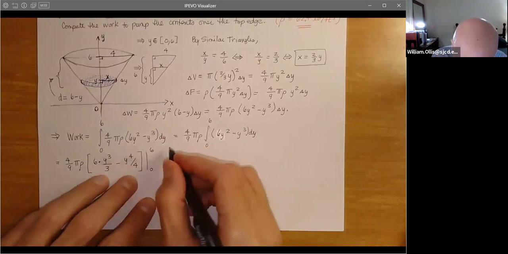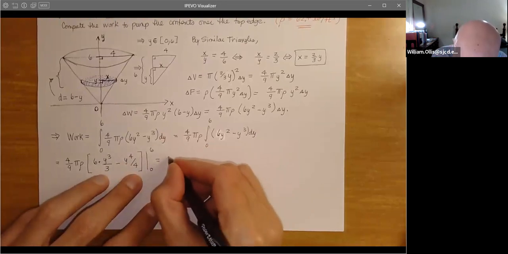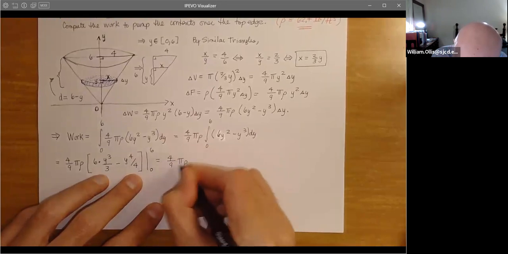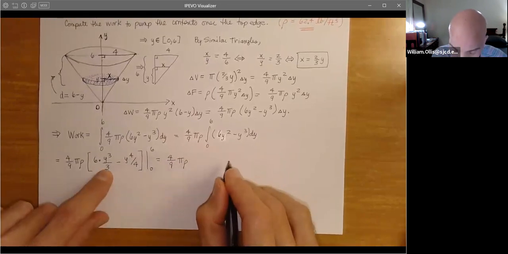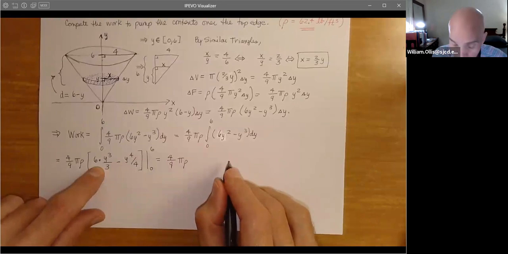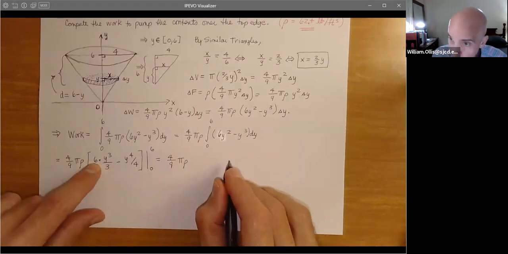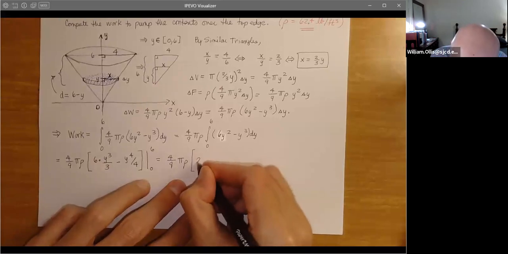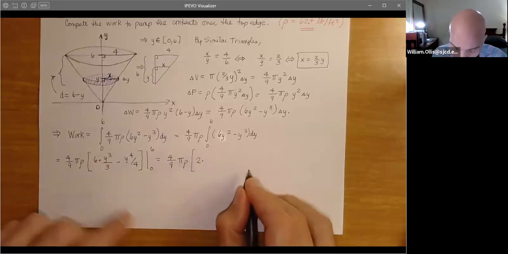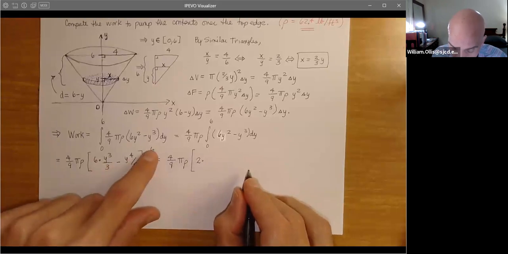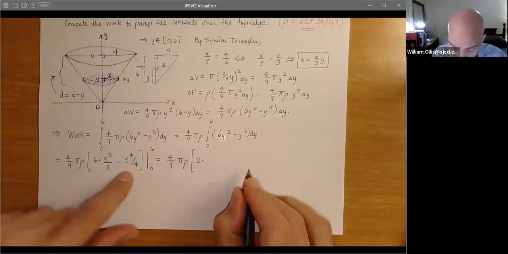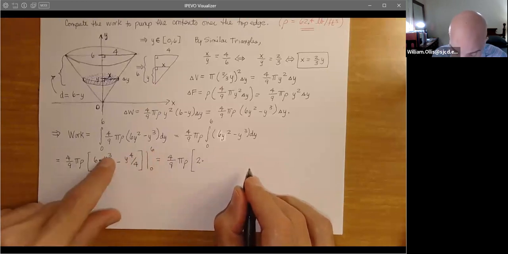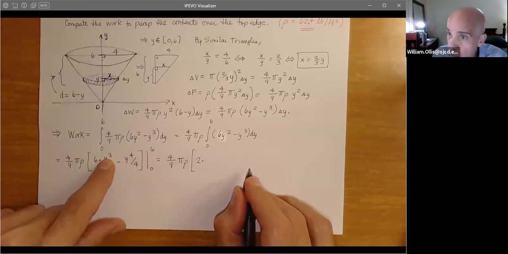Now, let's just kind of look at this. This gives us 4/9 pi rho. And then as we're looking here, we automatically can retire the 3, because that absorbs into the 6 to give us a 2. And then, of course, we get the substitution here. Of course, the lower limits give us the 0, which we're very happy to get. And then, of course, upstairs, we get the 6 3 times.